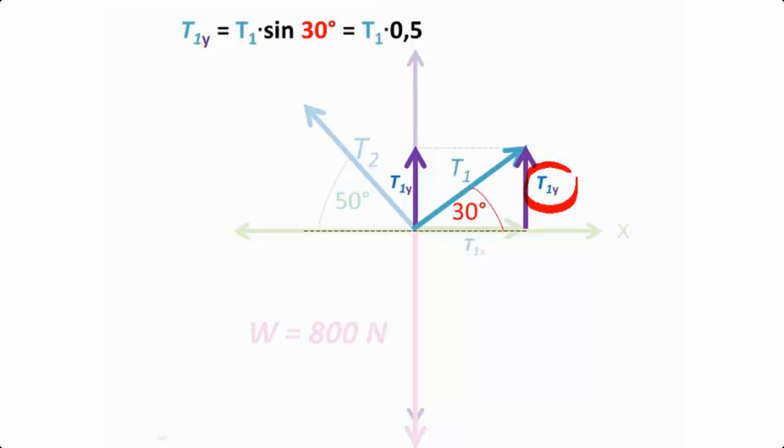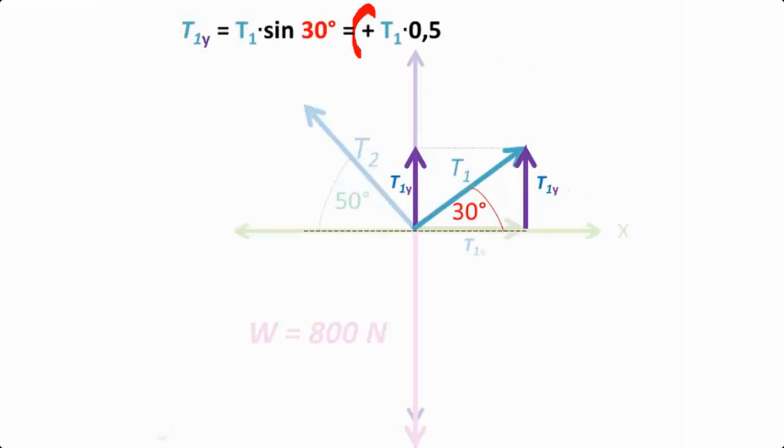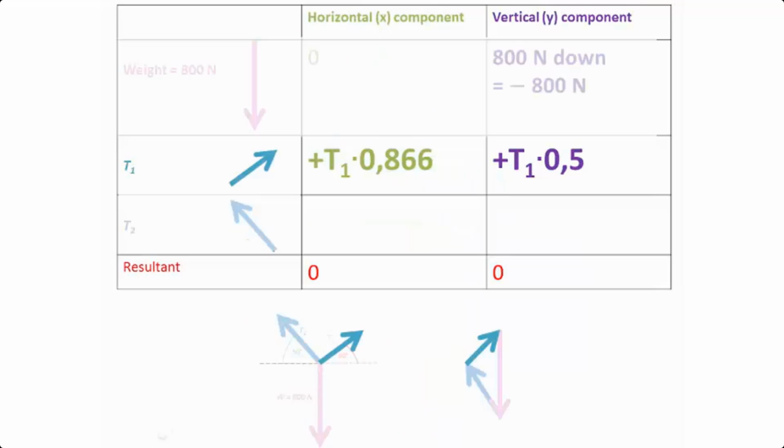We don't know T1, so we cannot substitute into T1, but we can give it in terms of T1: T1 times a half. And we know that its direction is upward, and according to our Cartesian plane, upward is the positive direction, and so we give that as positive T1 times 0,5. Put that in our table. The vertical component of T1 has a magnitude T1 multiplied by 0,5 in a direction upward, positive.